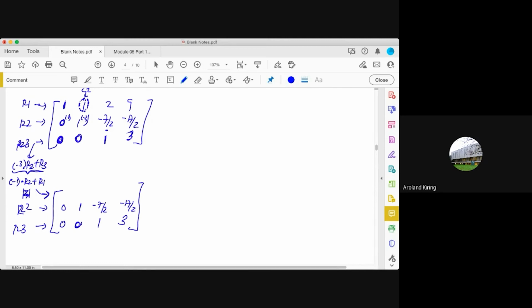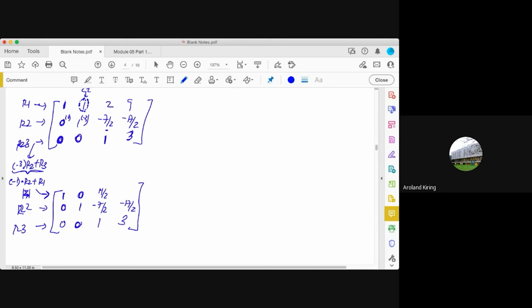So this is what happens inside your row 1. If you do that, this one will return 1 because you multiply by 0 plus 1, so you got 1. And this one, negative 1 plus 1, you got 0. And here you got 11 over 2.